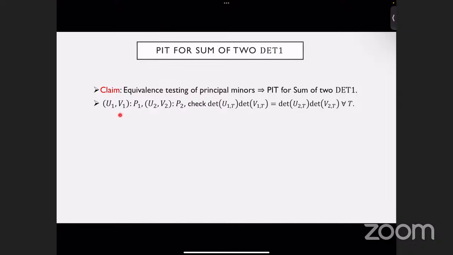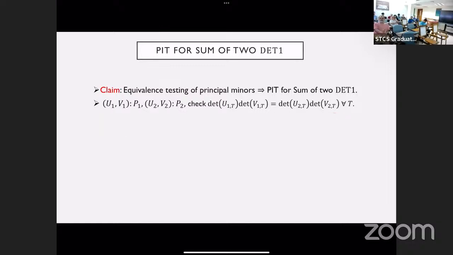So now for each symbolic matrix we have a pair of matrices, and the corresponding polynomials are P1 and P2. And now the goal is to check whether this product of determinants of some matrices of U1 and V1 is the same as the product of determinants of some matrices of U2 and V2 for all subsets T.